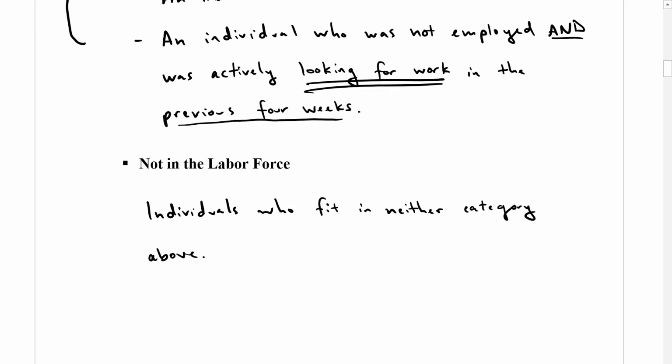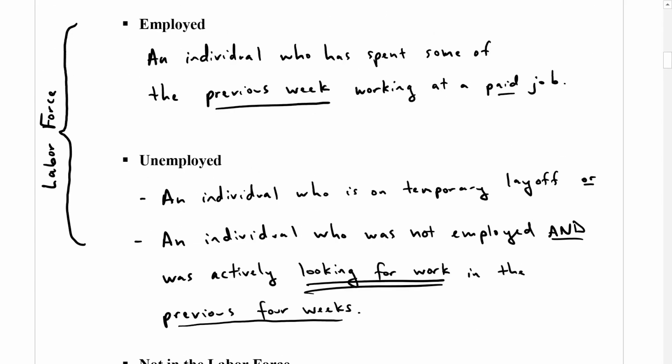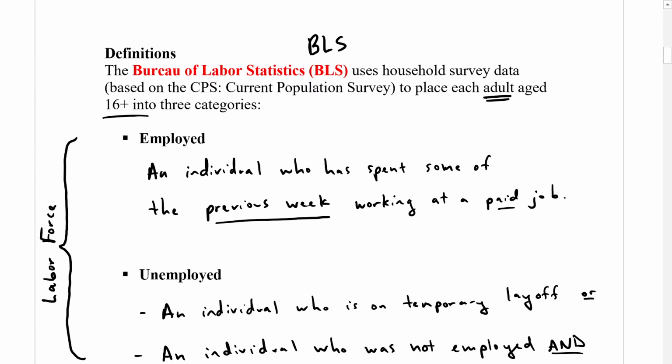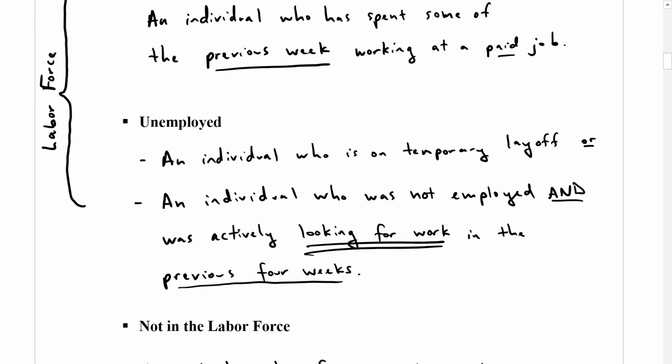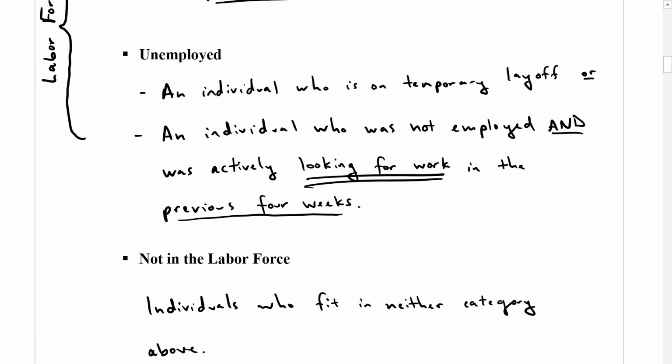Okay, so actually I'd encourage you to even pause the video and think about what types of individuals, adults 16 plus, are not either employed, working in the last week for a paid job, or unemployed.